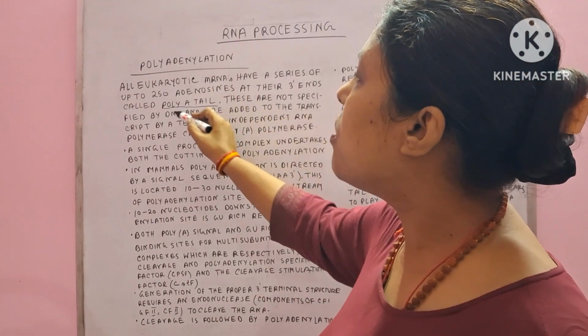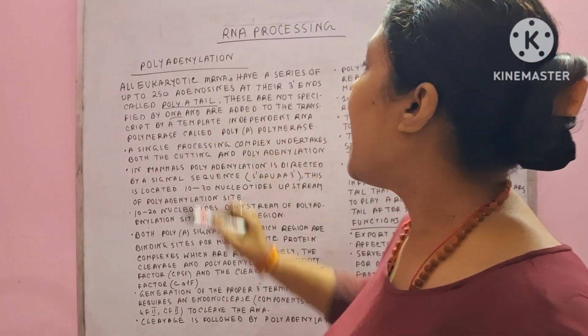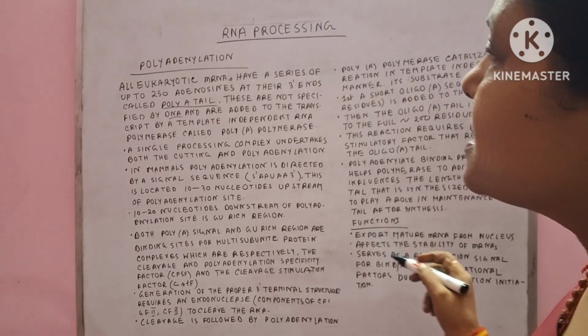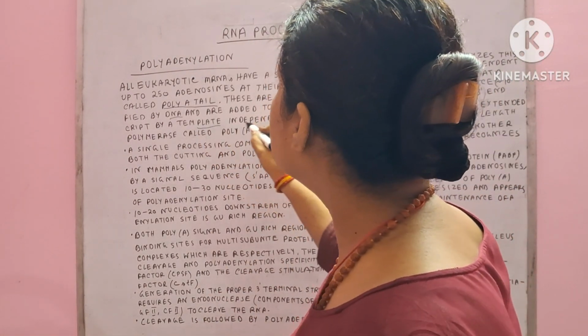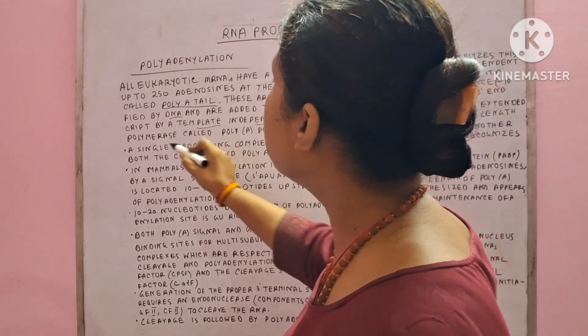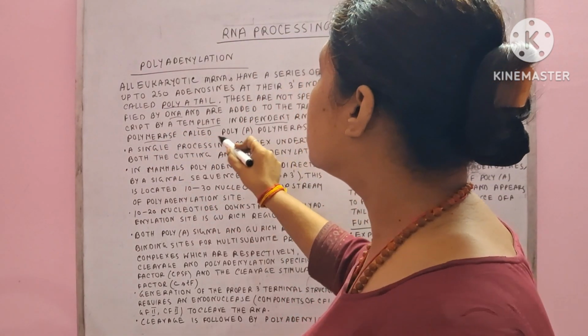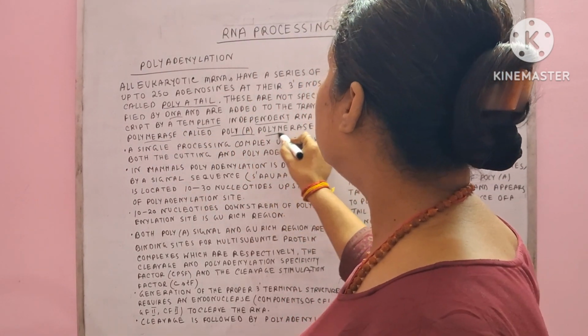These are not specified by DNA and are added to the transcript, that means mRNA, by a template-independent RNA polymerase, and this is called poly-A polymerase.